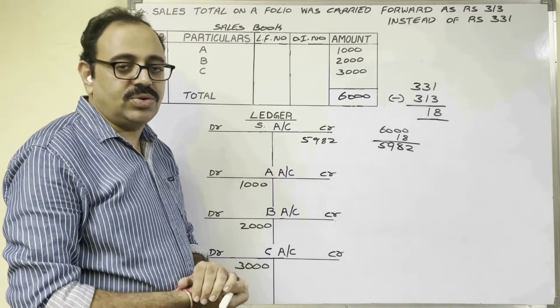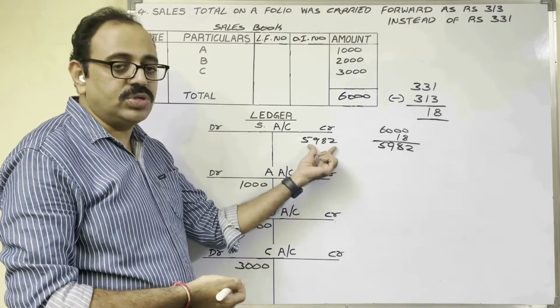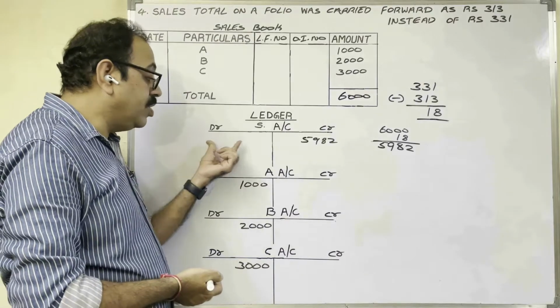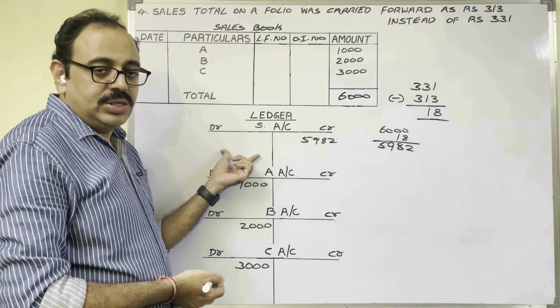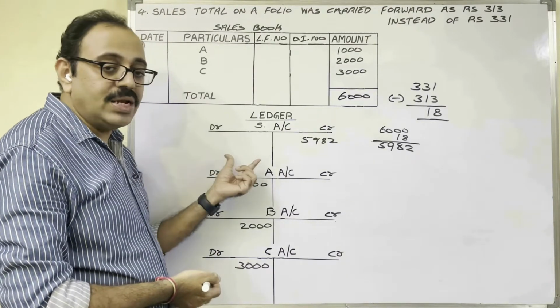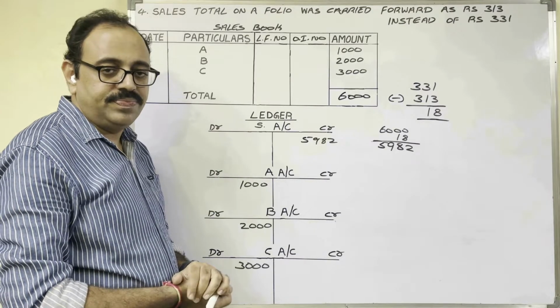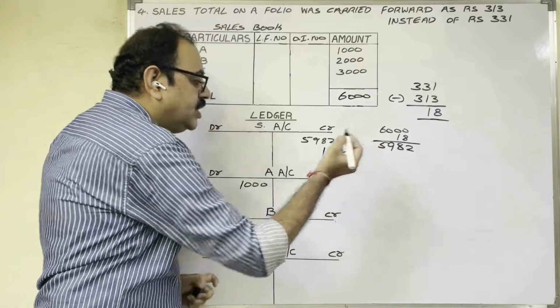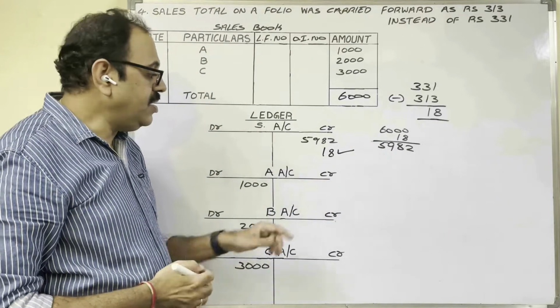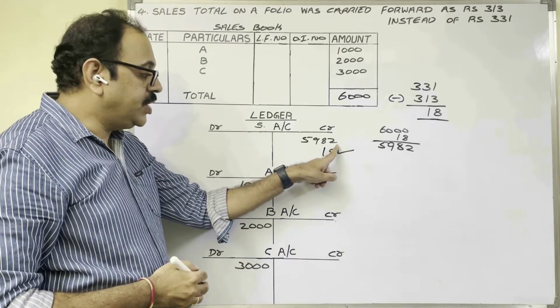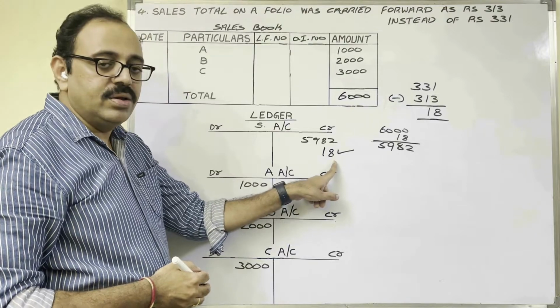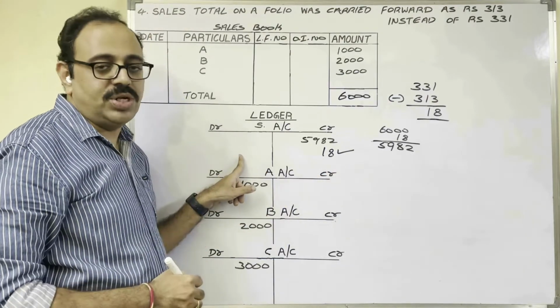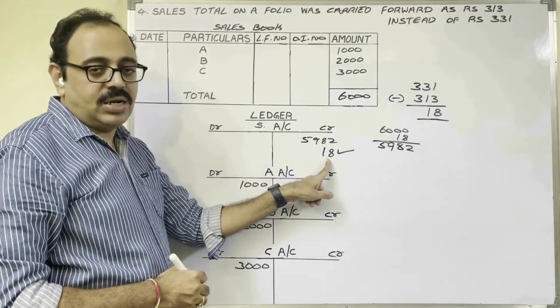Correct amount is 6,000. If we credit 6,000, balance carried down will be 6,000 rupees. So I need 6,000 as balance carried down in sales account. Then what to do? If you credit 18 rupees in sales account, then 5,982 plus 18 total becomes 6,000 rupees. So this is our answer.